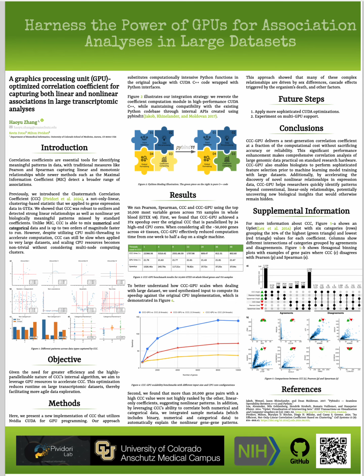CCC GPU also enables biologists to perform sophisticated feature selection prior to machine learning model training with large data sets. Additionally, by accelerating the discovery of novel nonlinear relationships in expression data, CCC GPU helps researchers to quickly identify patterns beyond conventional linear-only relationships, potentially uncovering new biological insights that would otherwise remain hidden.